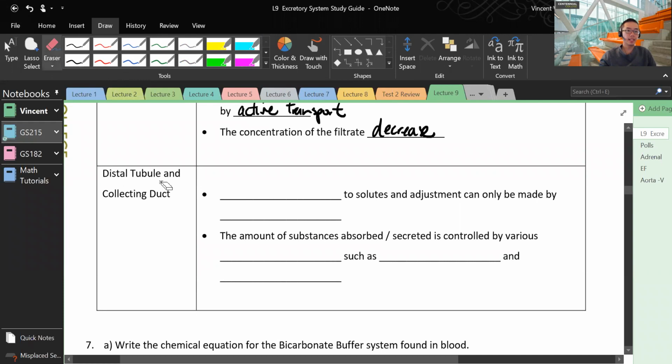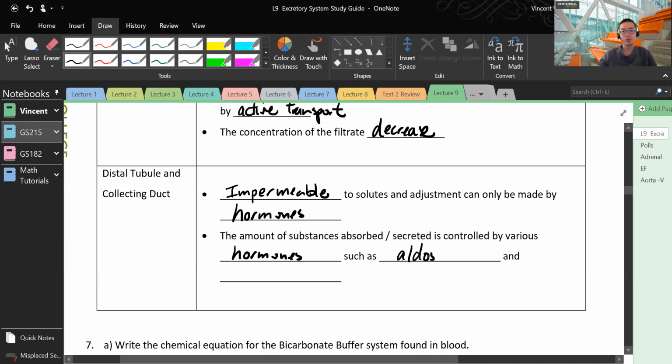Finally, we are at the distal tubule and the collecting duct, and normally they are impermeable to solutes, and adjustment to the contents of the filtrate can only be made by hormones. And the amount of substance absorbed or sometimes secreted is controlled by various hormones, such as, in the lecture we talked about several.